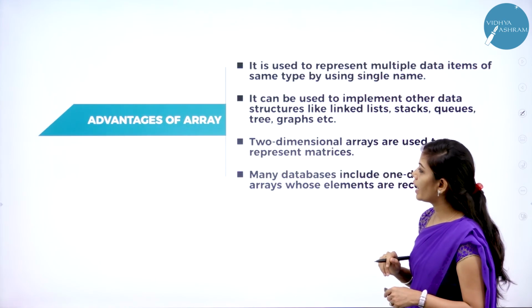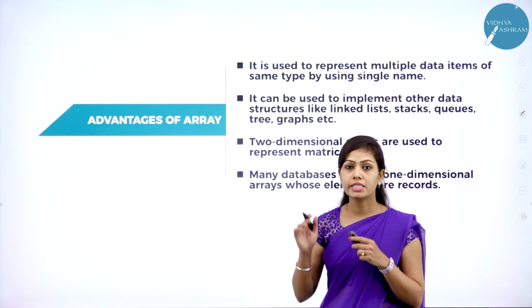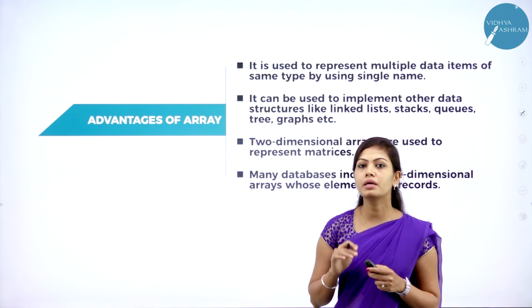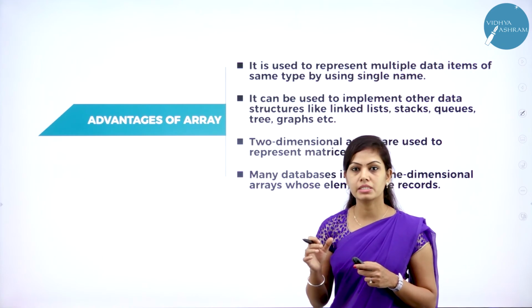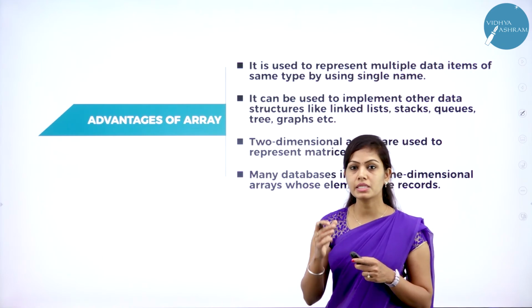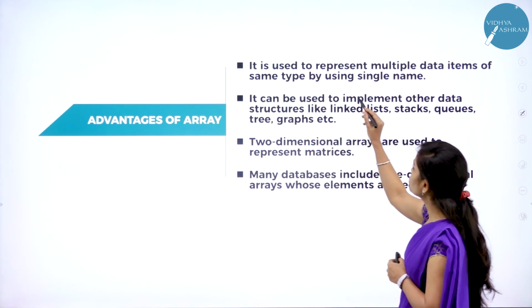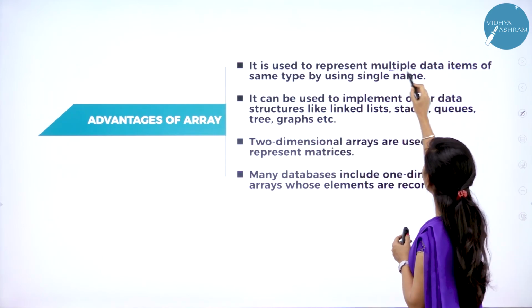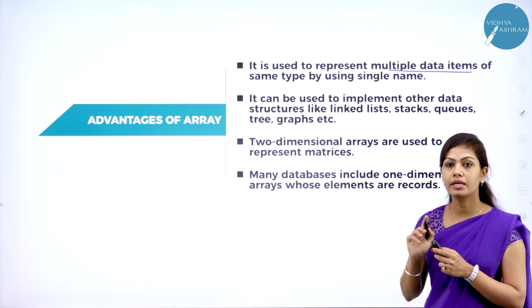Next, we have the advantages of an array. It is easy to implement multiple data elements and it can hold a number of elements. It is a collection of variables. It is used to represent multiple data items of the same type by using a single name.